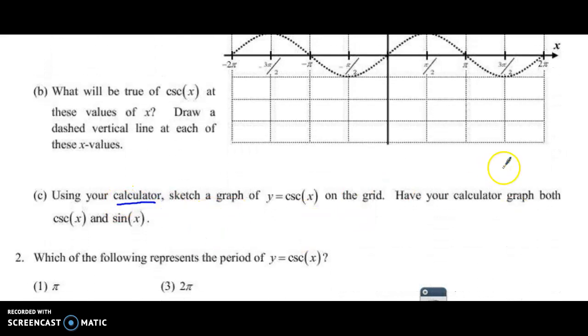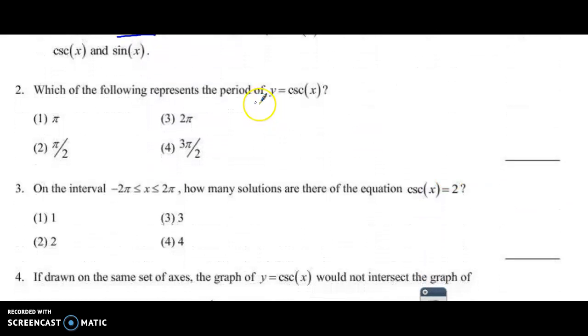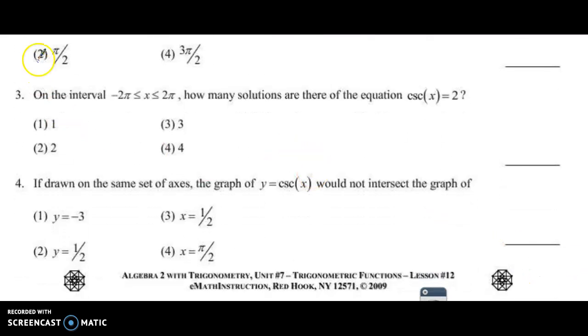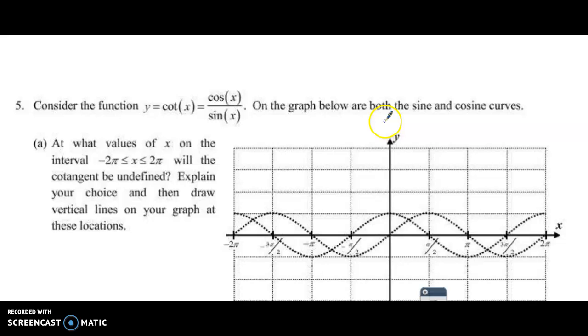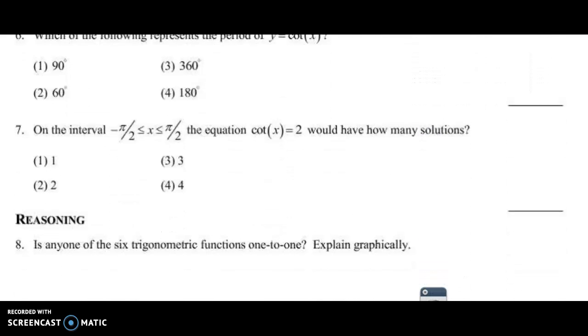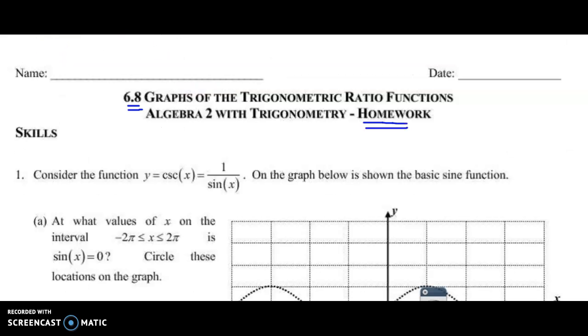I don't care if you use Desmos or your graphing calculator. And yes, I did give you a few of these answers, but that's okay, as long as you understand. I did talk about cotangent as well. So I only need to see your last 2 pages of 6.8.